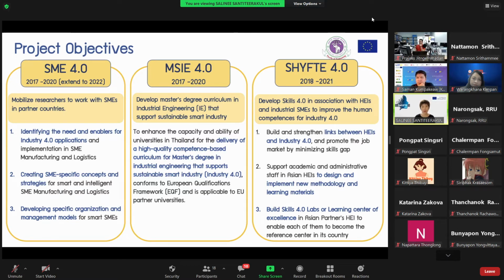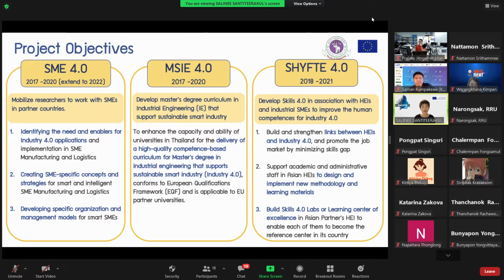So we will develop the skill 4.0 to improve the human competence for Industry 4.0. The Shift project consists of 3 main objectives. The first one is to build and strengthen links between Higher Education Institutes and Industry 4.0, and also promote the job market by minimizing the skill gap.